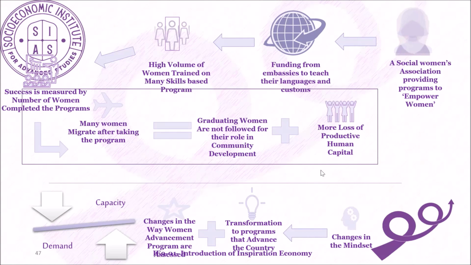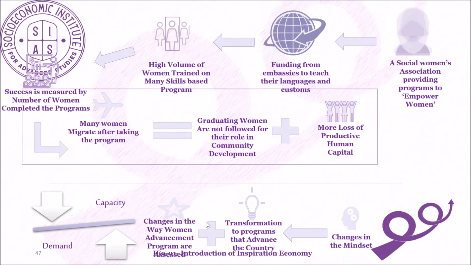The idea of any program that we do is that we always change the mindset. Changing the mindset means that we focus not on the supply versus demand, but on the capacity versus demand. And this is something that is inspiration economy. You'll see in most of our case studies, we focus on human-related capacity development, which means we focused in this case study on transformation to programs that advance the country and that will help the women to be social entrepreneurs, business entrepreneurs, change agents, NGO leaders, and so on.